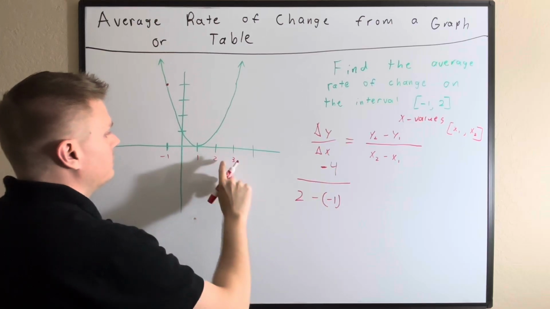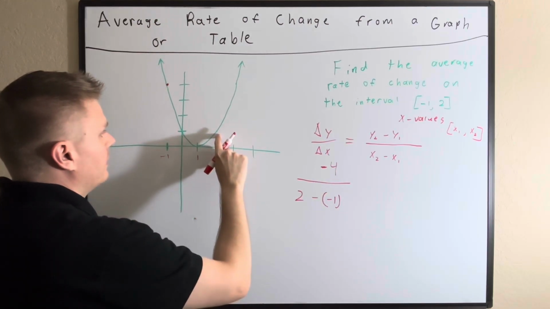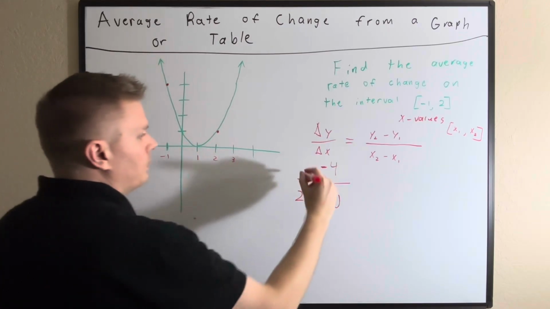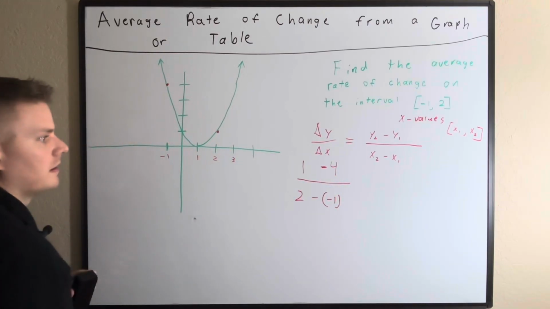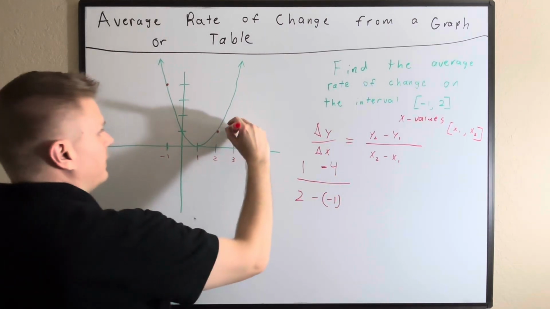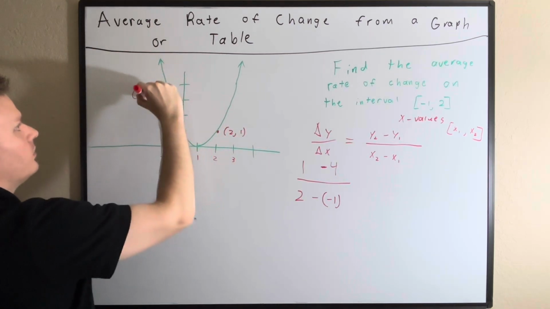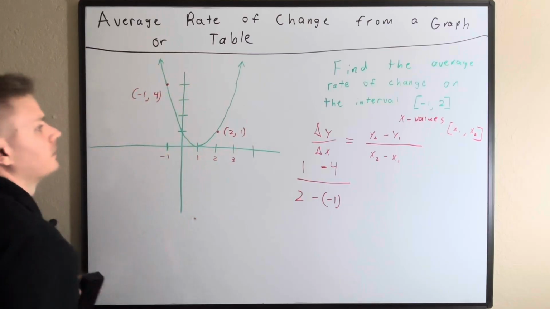All right, so what about 2? That would be at y equals 1. Okay, so we have this point here, 2 comma 1, and this point here, -1 comma 4.